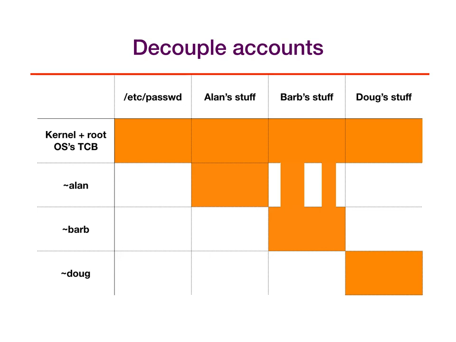Now, having divided up authority this way, we've reduced the attack surface some, but what more can we do to reduce the attack surface? Well, let's zoom in on the box on the lower right, which is Doug messing with Doug's stuff.